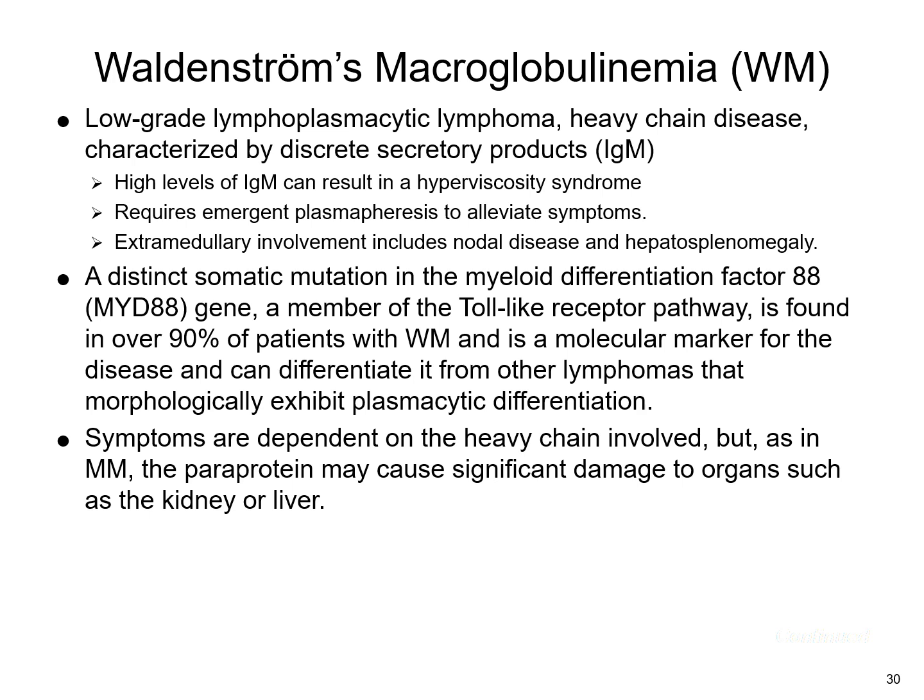And it is a molecular marker for the disease, and it can differentiate it from other lymphomas that can look very similar morphologically when you're looking at those plasmacytic differentiation. Now, the symptoms are going to be dependent on that heavy chain involvement, but just like within multiple myeloma, that paraprotein can cause significant damage to organs such as the kidney or the liver.